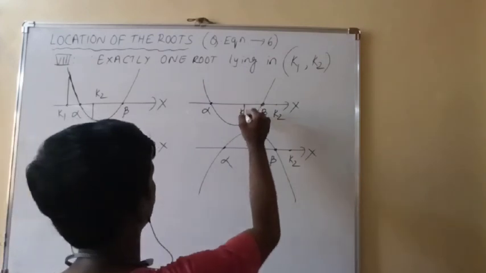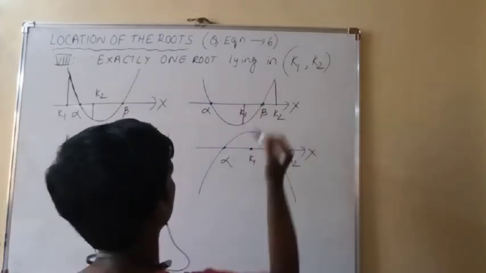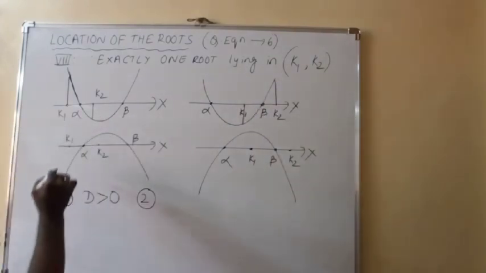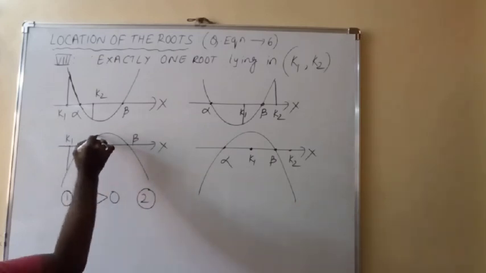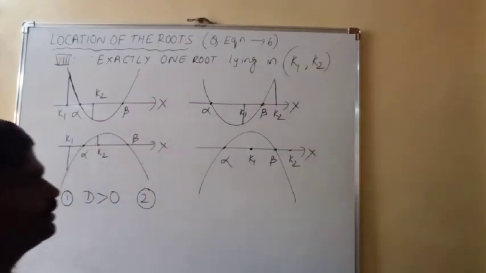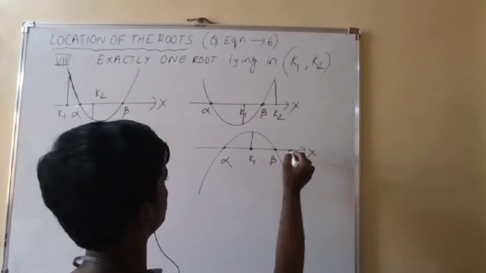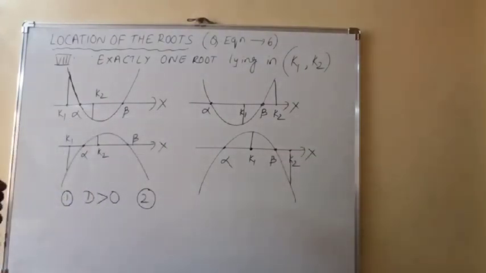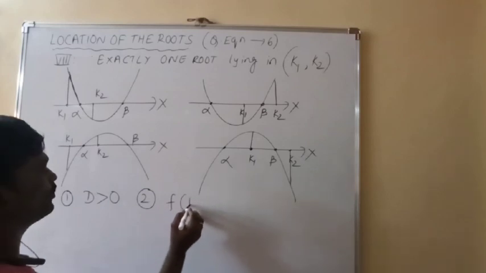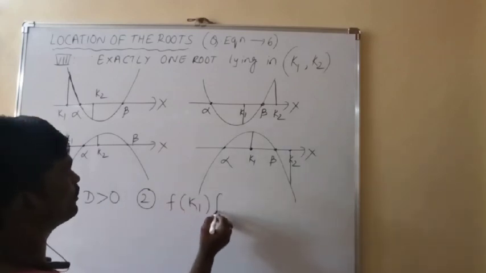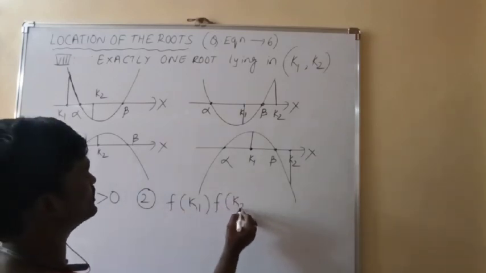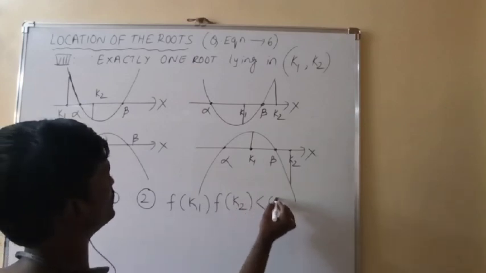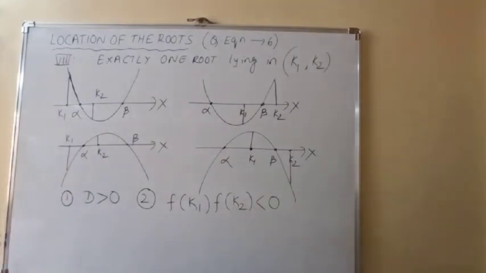Here f of k1 is negative, f of k2 is positive. Here f of k1 is positive, f of k2 is negative. So that means f of k1 and f of k2 are of opposite sign. That means their product must be less than 0, because one is positive and the other is negative.